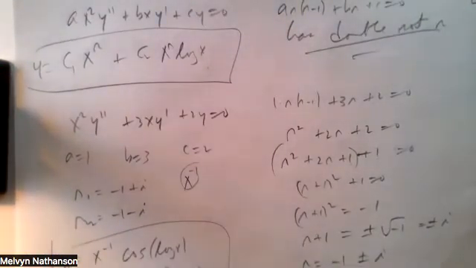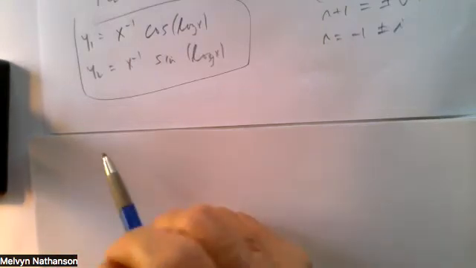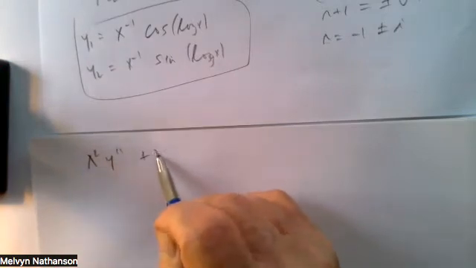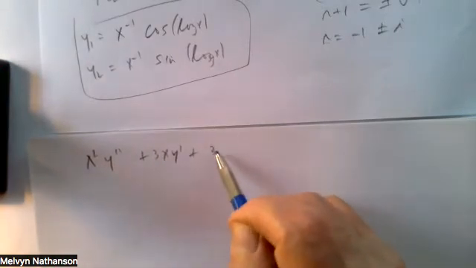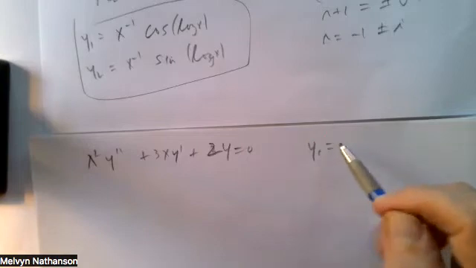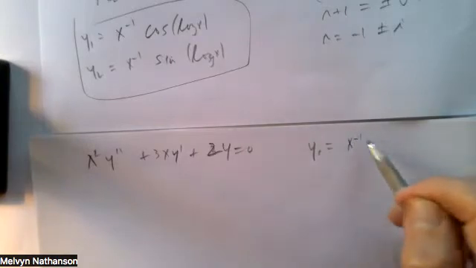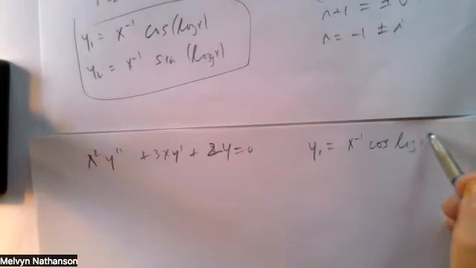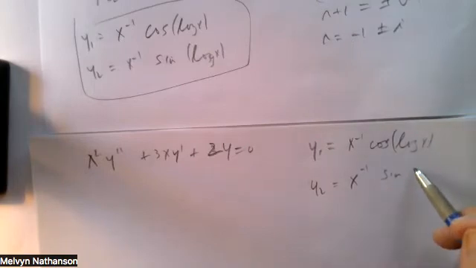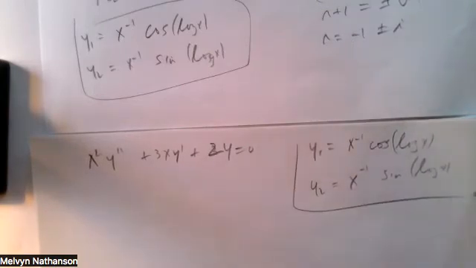So let me do the calculation and see. Here was my differential equation, and I have one purported solution, 1 over x cosine of log x, and 1 over x sine of log x. So let's try the first and see what happens.